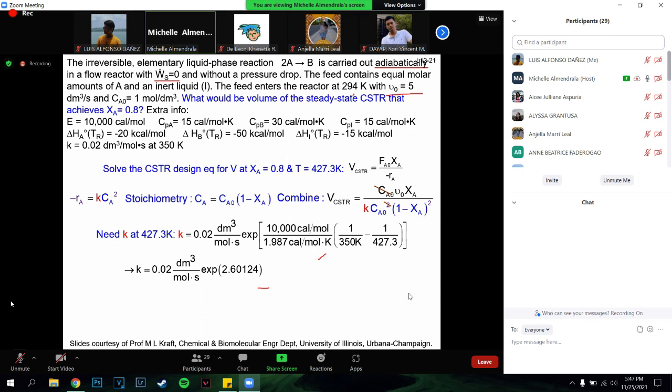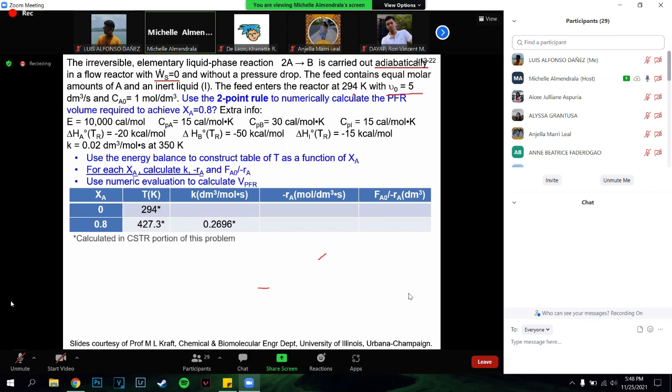And now we're doing a solution using a PFR. This is a 2-point rule, same conditions, but you just change the reactor from CSTR to PFR.